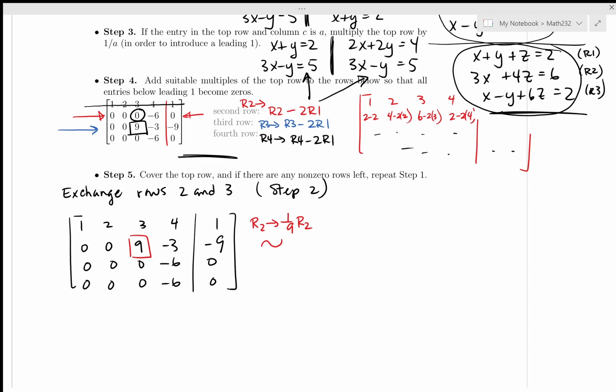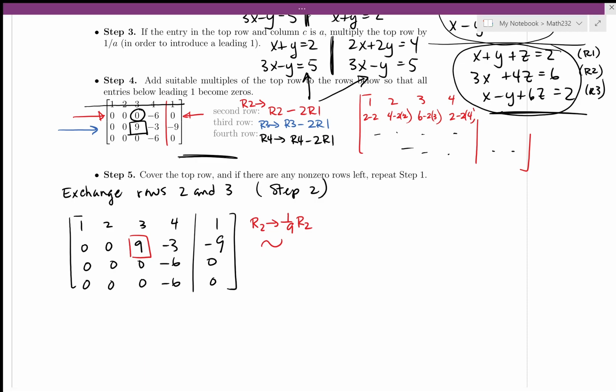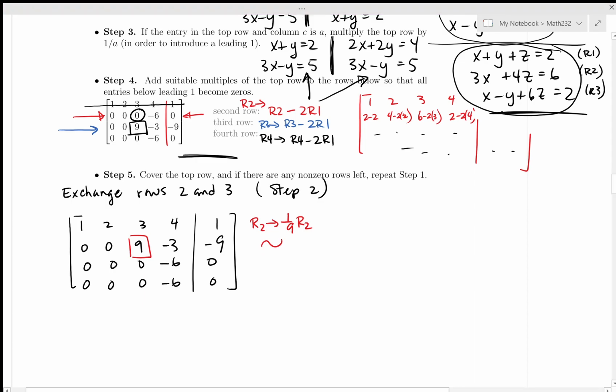Okay, then I'll rewrite the matrix like this. I haven't done anything to the top row, so I just simply copy it over. What I am changing is R2, I'm multiplying by 1/9, so I multiply all the entries here by 1/9.